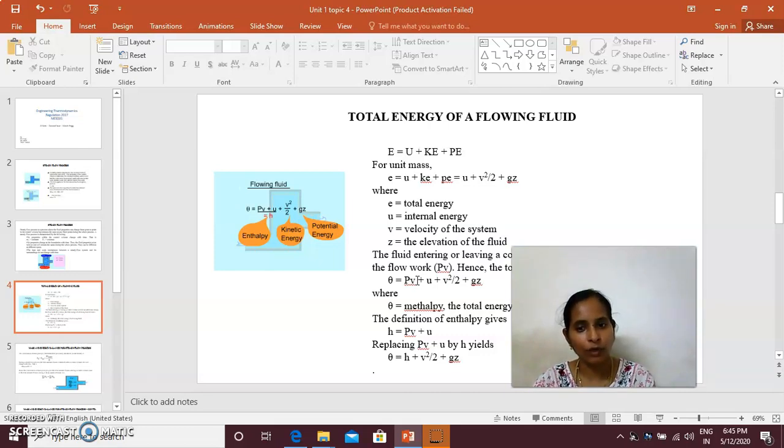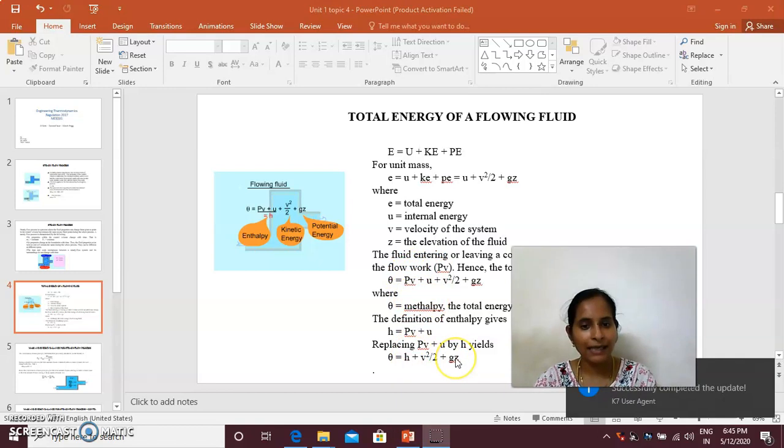That has to be moved inside the device. Then enthalpy, the total energy of the flowing fluid, is defined by enthalpy, which is PV plus U. Already it was defined. So instead of this PV plus U, you can write it as h plus v squared by 2 plus gz.